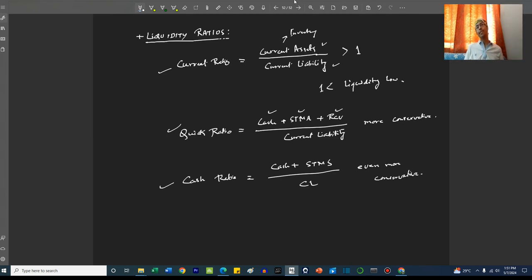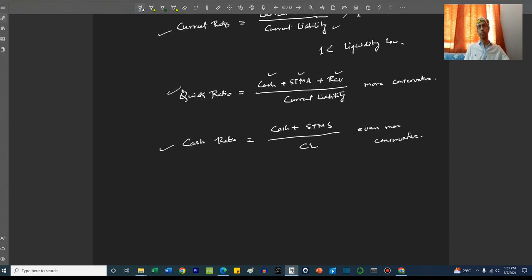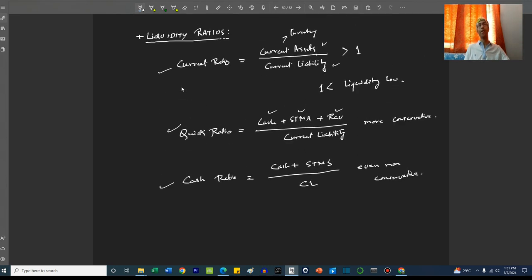So basically these three ratios are a way of finding out how much a company is capable of catering to its short-term obligations. Short-term obligations is obviously its current liabilities, and how it is going to cater to it by having enough cash, enough short-term marketable securities, and enough receivables and inventories to balance it.